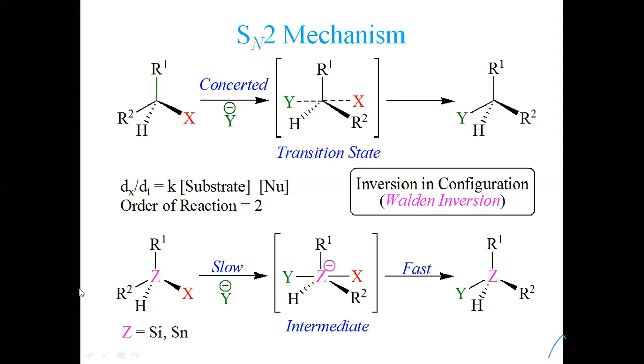You see, this bond with X and bond with nucleophile, these are complete bonds. We are not presenting a dotted line here. This is one covalent bond, this is the second covalent bond, this is the third covalent bond, this covalent bond is above the plane, this covalent bond is behind the plane.